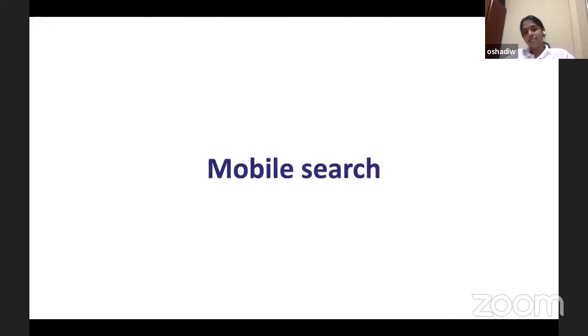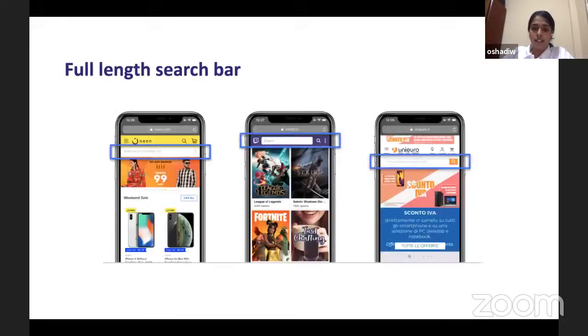Okay, so here we came to the search. Search plays a main role in the mobile application as well. If search is the center of interaction in your product, then show it in a very prominent way.